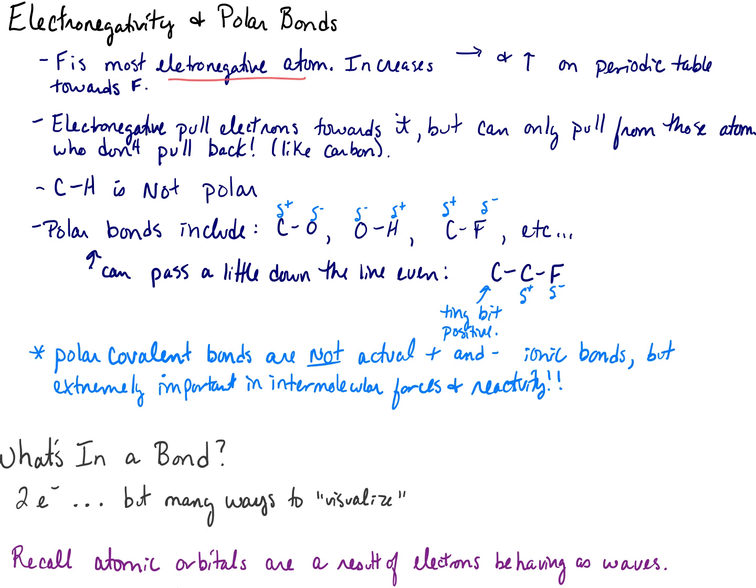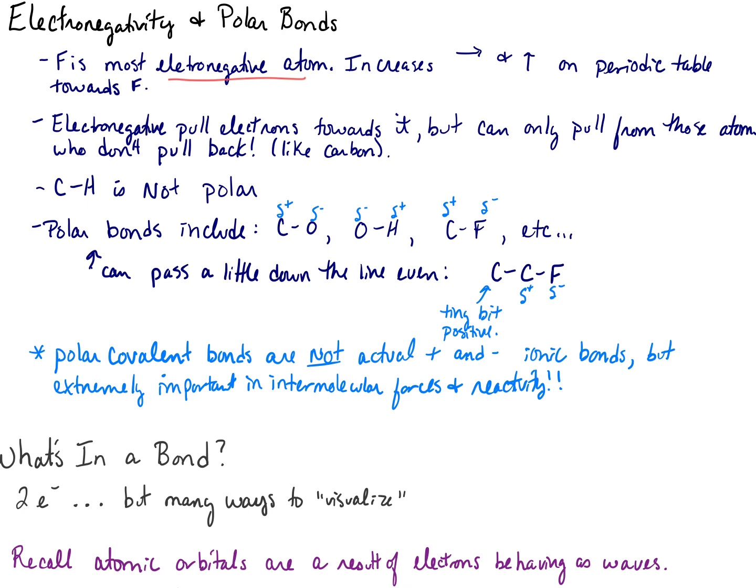This is going to increase through the periodic table as you move to the right and up towards fluorine. So the closer you get to fluorine, the more electronegative, generally speaking, are the atoms. And what does electronegativity mean? Well, it means that you are pulling electrons towards that particular atom.